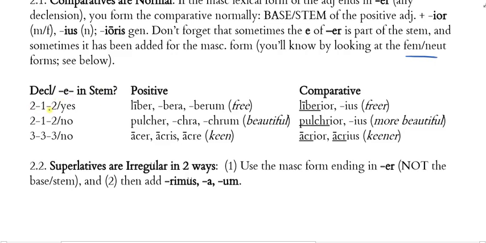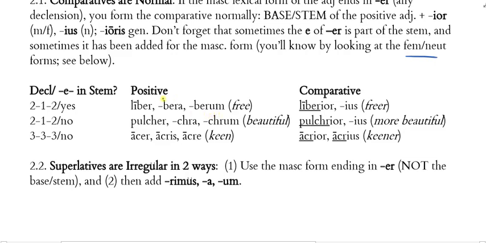So for our 2-1-2 type of adjectives, this is second, first, second declension for masculine, feminine, neuter. When the e is part of the stem, you can tell by looking at the other genders. So liber for free is the masculine singular nominative form. We have for the feminine singular libera, and the neuter singular liberum.